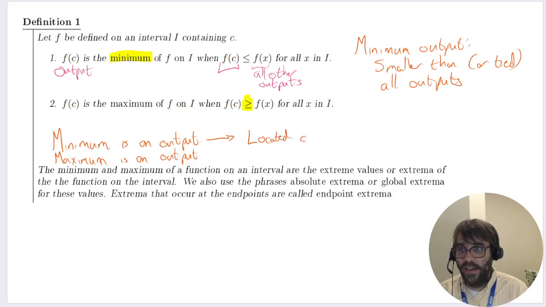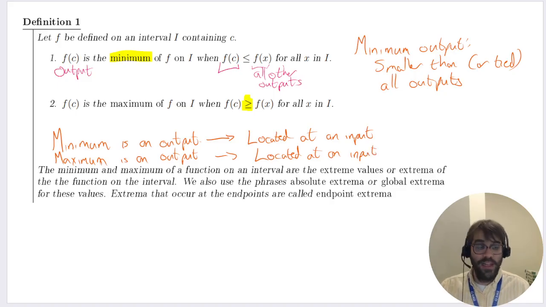It's located at an input, because typically speaking, if you know the appropriate input that you're looking for, you can figure out what the output is, because that's what the function does. If I tell you that the maximum height above sea level, I don't tell you what it is.